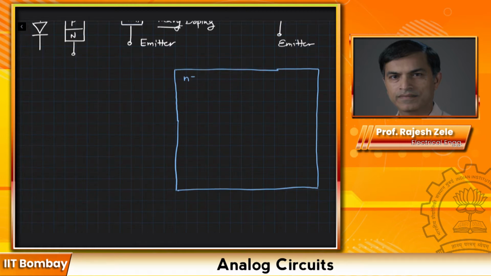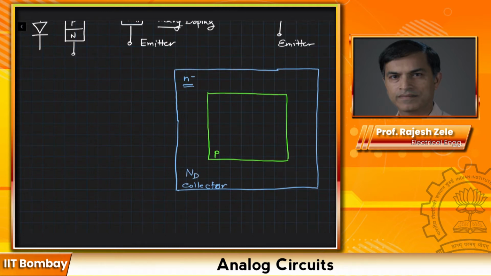Inside that collector region, we then dope with P impurity. The doping concentration of the collector, N minus, is the lightest, and the next one would be stronger doping compared to the collector. Since this is N minus, we would be doping it with phosphorus.